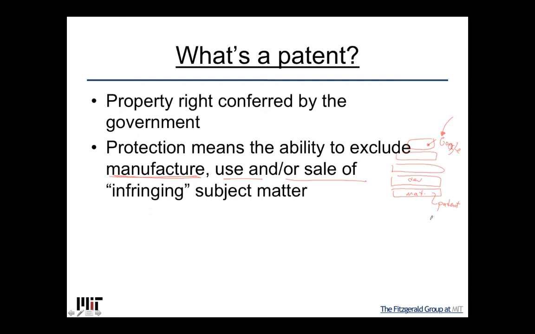But the point here is that you do not have to collect the royalty or the protection at the point where the patent is physically attached to that part of the supply chain.